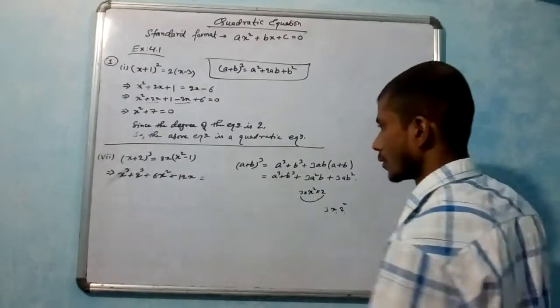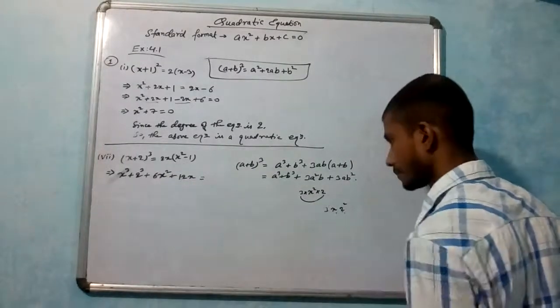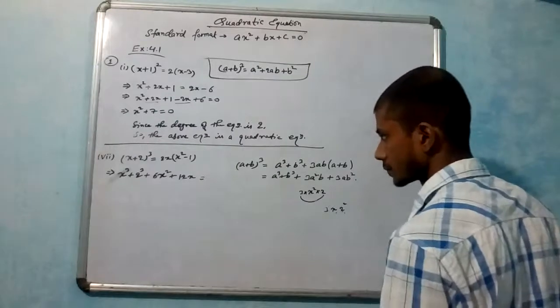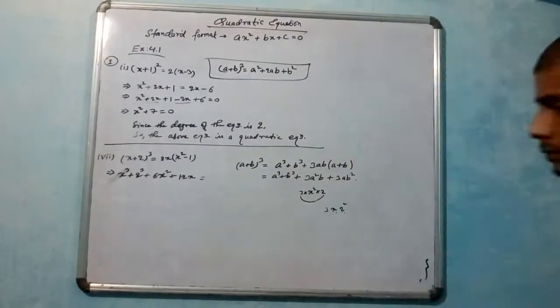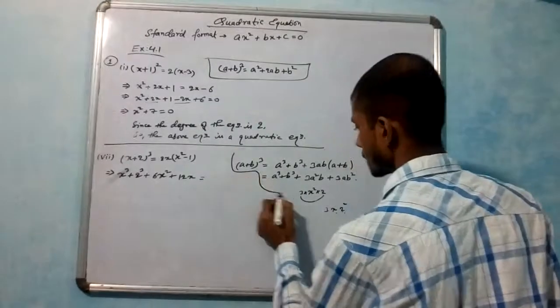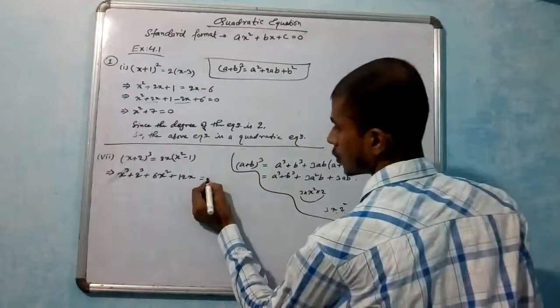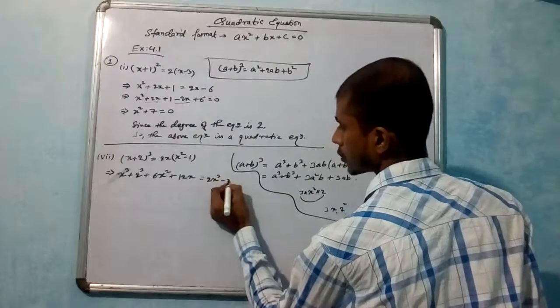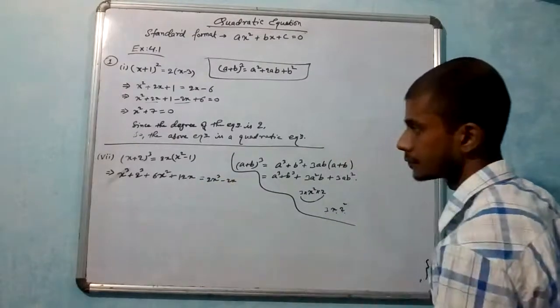So what will it become? 2x cube minus 2x.